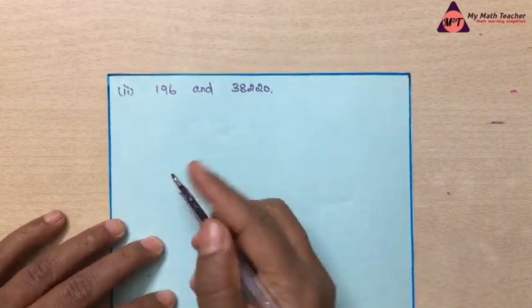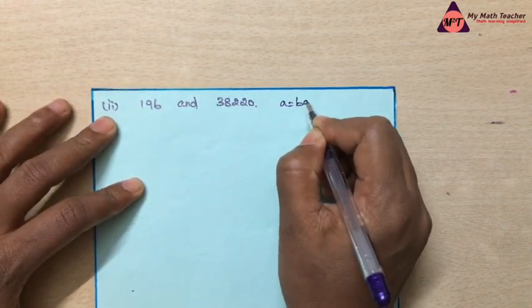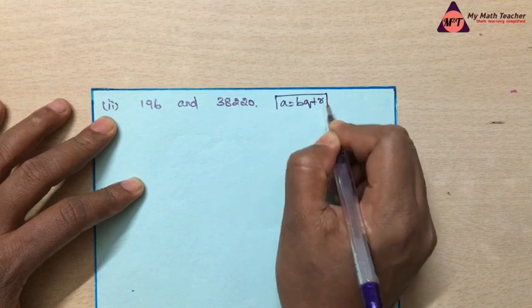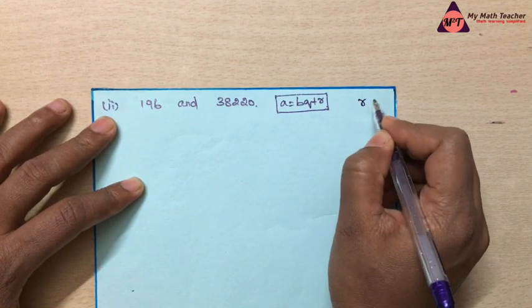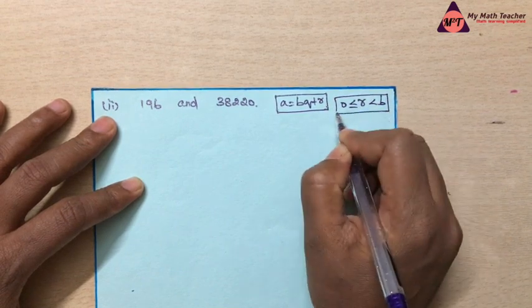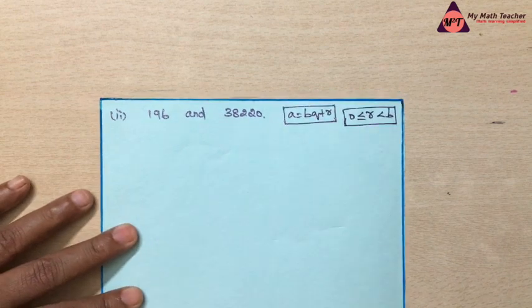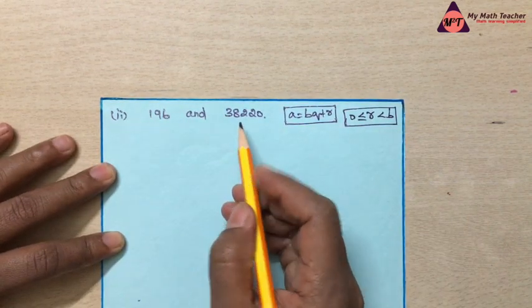Now second subdivision. The same, A is equal to BQ plus R, the Euclid's condition, and where R should be less than B and it should be greater than or equal to 0. Okay. Now these are the two numbers, 196 and 38,220.